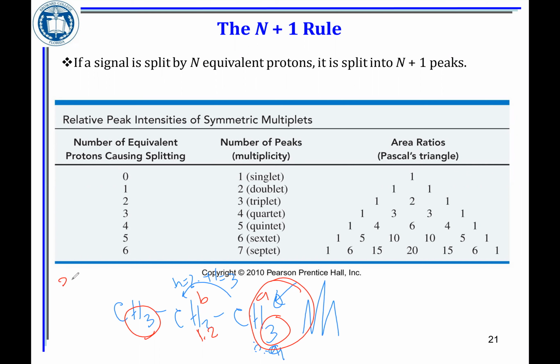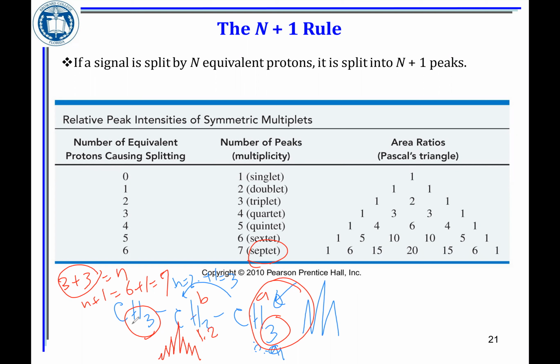So it's 3 plus 3, that's n, and then n plus 1 is 6 plus 1, which is 7. So we do have a septet for this one. For the CH2, it's going to be a septet: 1, 2, 3, 4, 5, 6, 7.